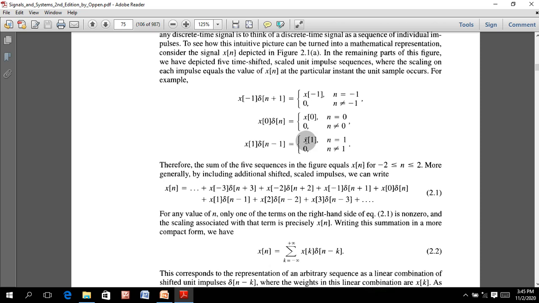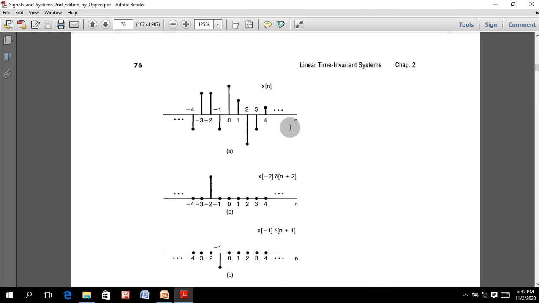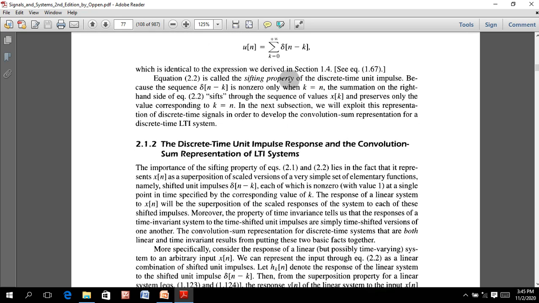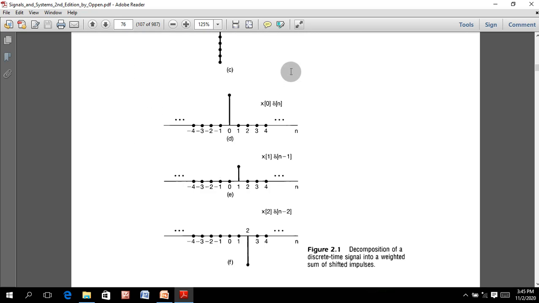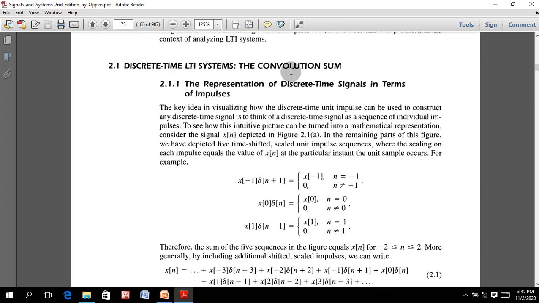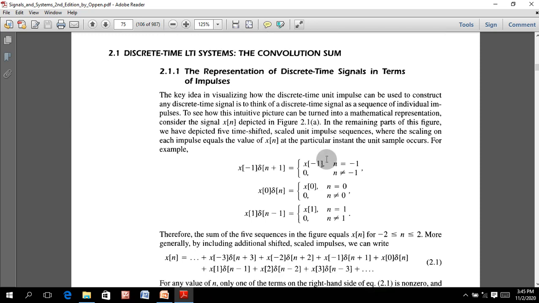Before getting into the impulse response, we are going to give you a simple example of how a simple signal can be described using impulse responses. Then we will get into the convolution sum. Suppose we have visualized a signal.